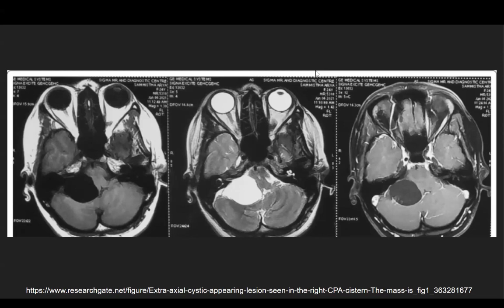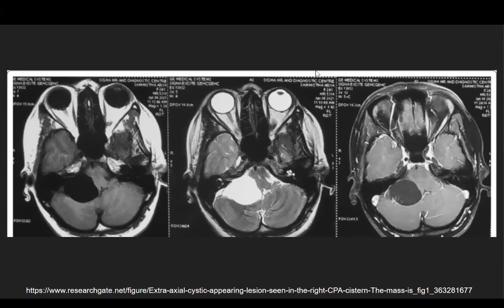Arachnoid cyst. Yes, arachnoid is also a very close differential. What do you think of pilocytic astrocytoma when you look at this image? Yes, ma'am, but the mural nodule is not appreciated. Exactly, the mural nodule is not visible here, but this is a very uncommon presentation of pilocytic astrocytoma.